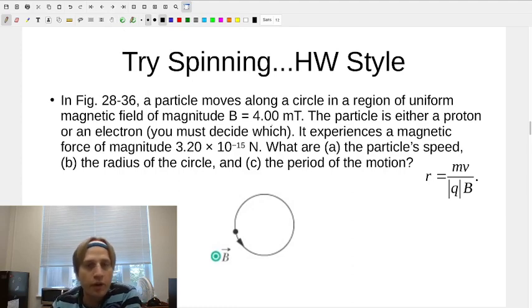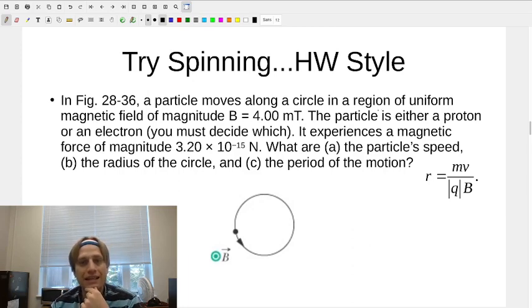Here's another homework problem. Last time we discussed electrons or protons, charged particles moving around in a constant magnetic field. Now take a look at this. It says, in figure 28-36, a particle moves along a circle in a region of uniform magnetic field with a B of 4 milliteslas.